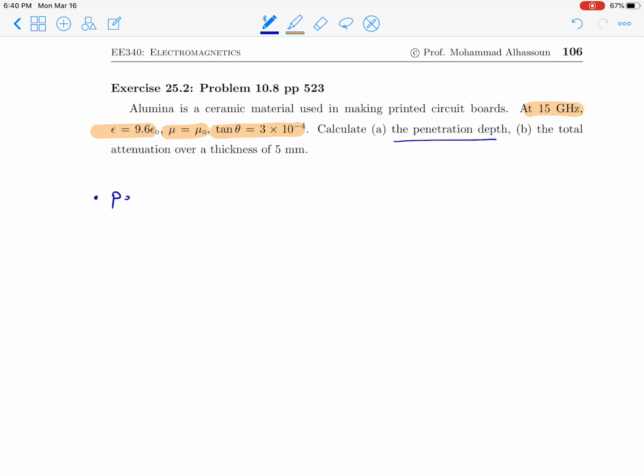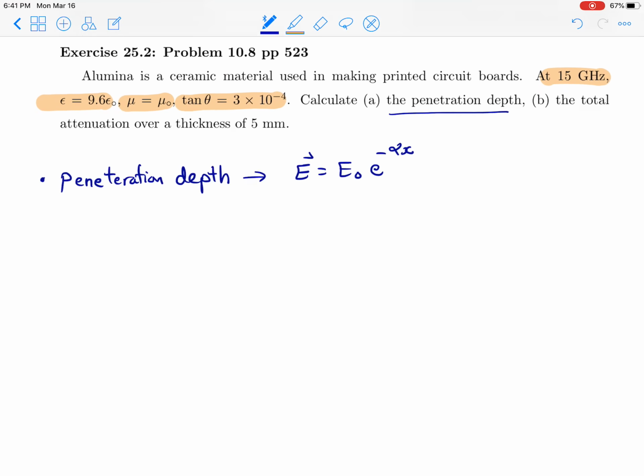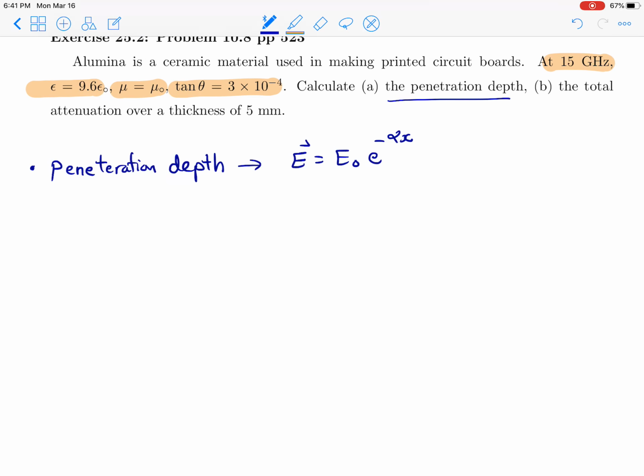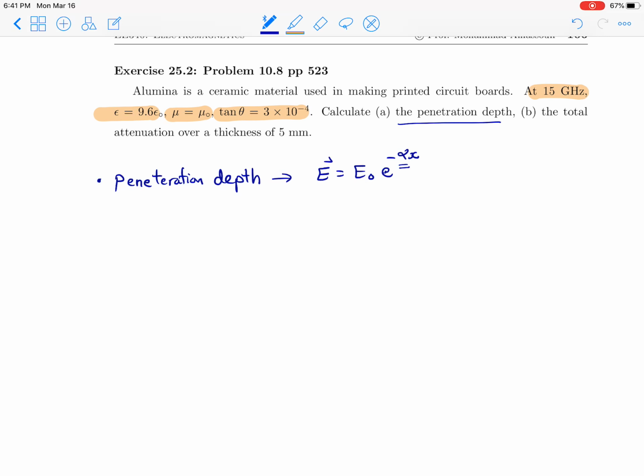The penetration depth is defined if this is the expression for the electric field. This is the magnitude, this is the phase, and this is the attenuation constant, alpha.